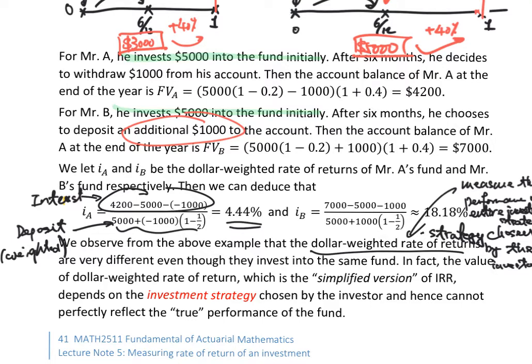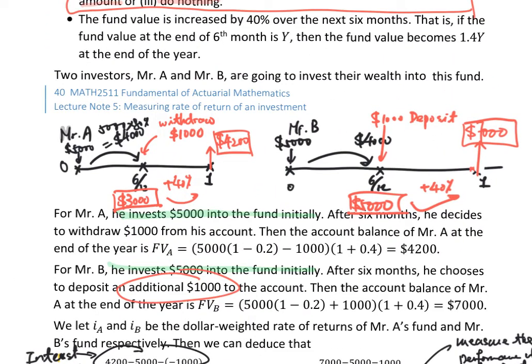Let us see whether the time weighted rate of return can do its job. For each of the investors Mr. A and Mr. B, I will calculate the corresponding time weighted rate of return and see whether it gives the same answer for both investors.